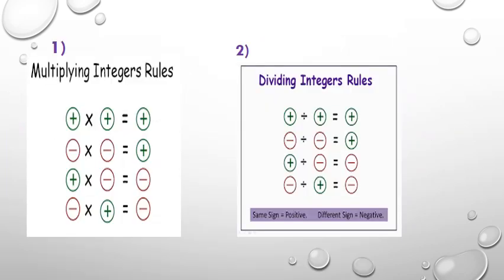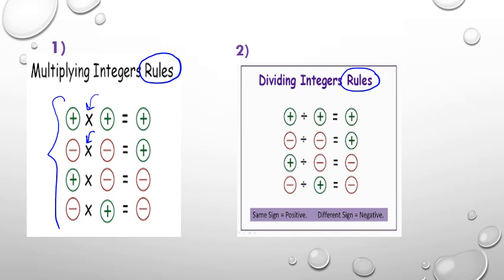Our second lesson was how we multiply or divide integers. Also in multiplying integers, we have important rules to follow, and in dividing integers, we have important rules to follow. We have in multiplication these four cases. Either we are multiplying a positive with a positive, or we are multiplying a negative with a negative.